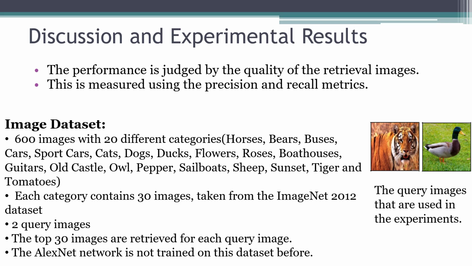Each of these categories contains 30 images taken from the ImageNet 2012 dataset. A set of 2 image queries has been applied as shown to test the efficiency of the system. The top 30 images are retrieved for each query image. The AlexNet network is not trained on this dataset before.